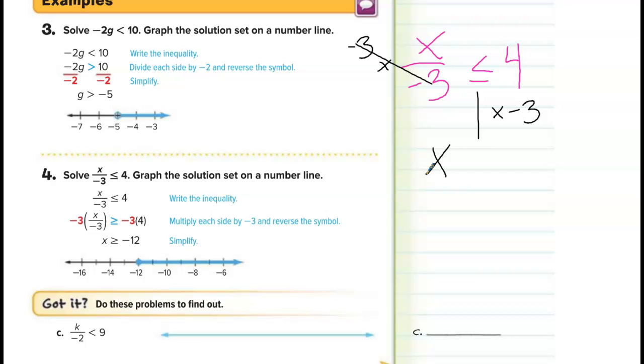So it'll become what? This is less than or equal to, so the opposite is greater than or equal to negative, what's 4 times negative 3? Negative 12. So you solve the same. The only thing is when you get to a negative multiplying or dividing, you have to switch the sign.